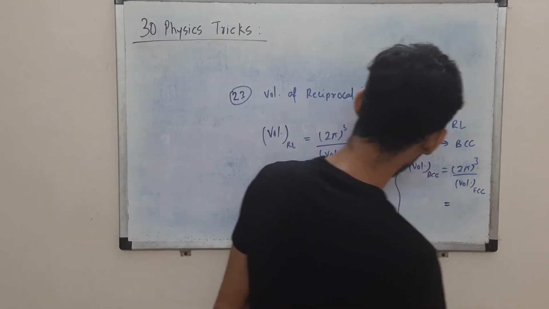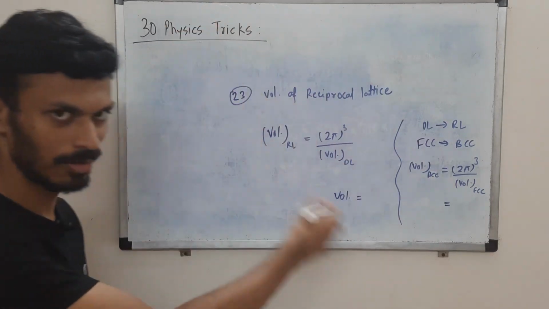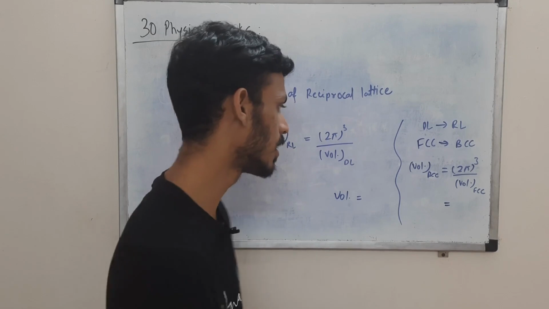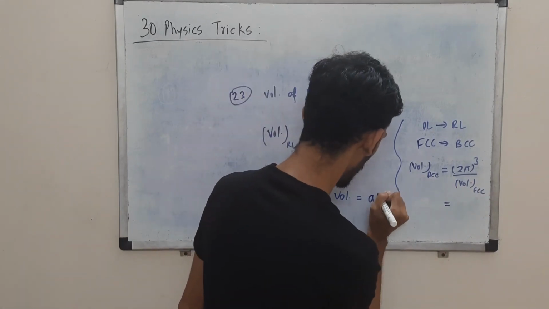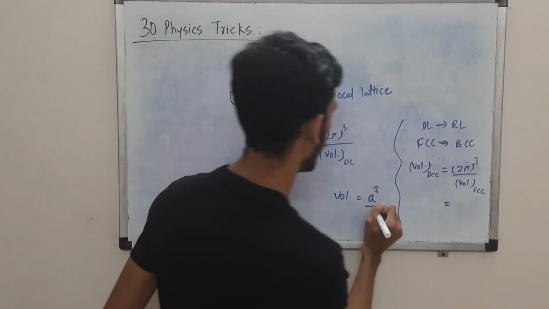And what is the volume of FCC? Again you can use its lattice vectors, because it's a direct lattice, and you'll obtain a cube by 4.